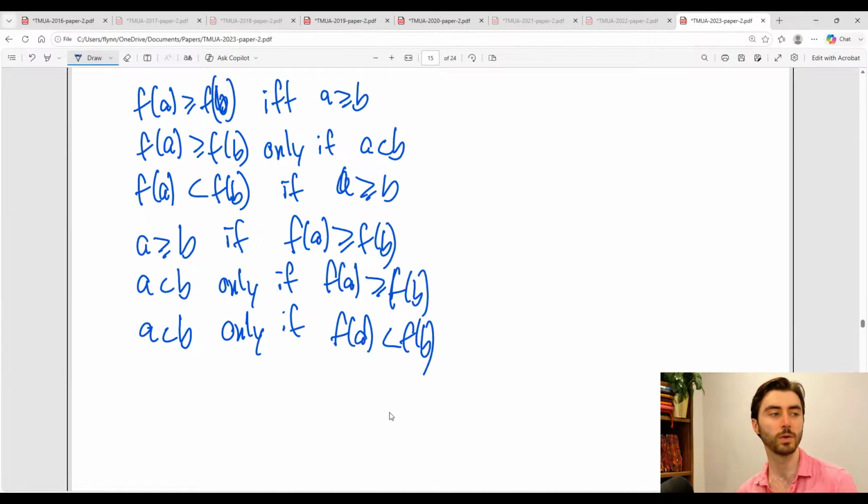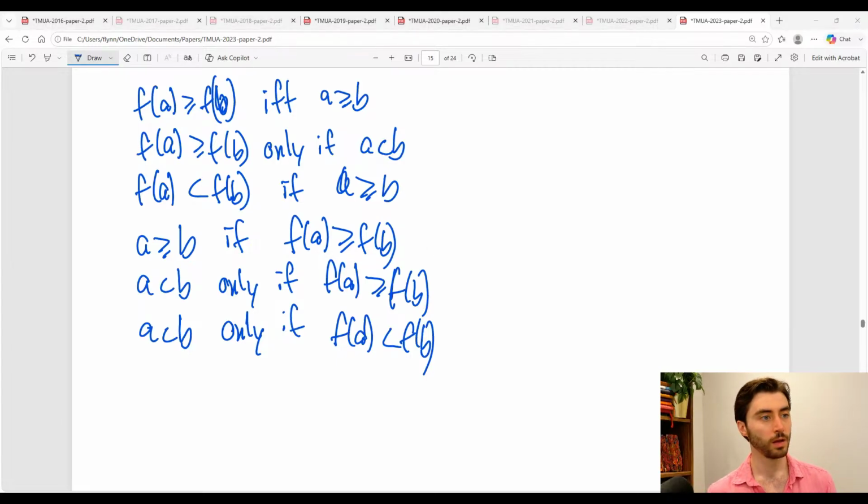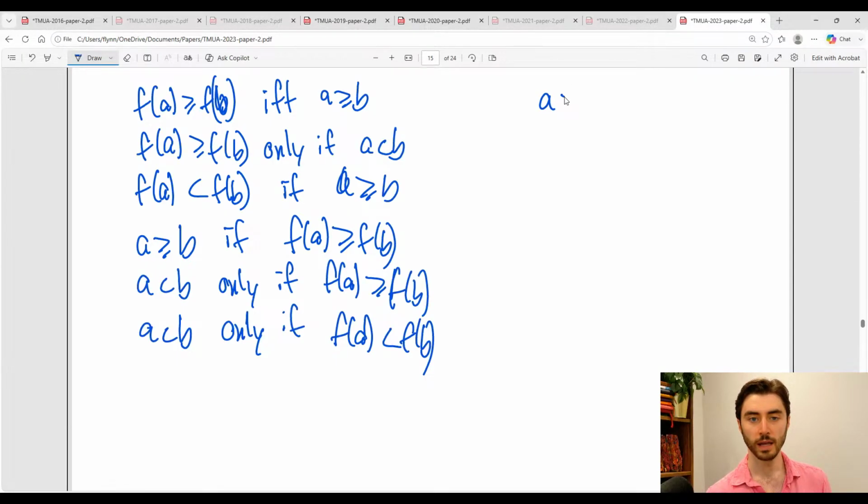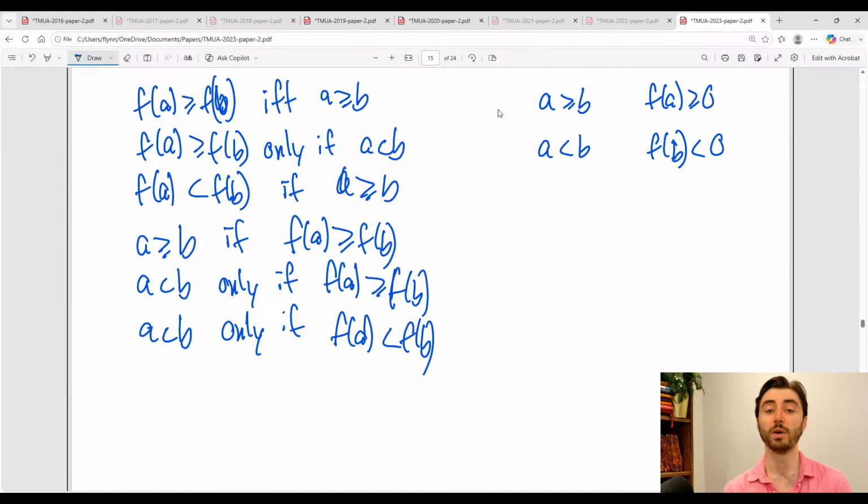Right. So here, let me make sure you're able to see what I'm doing. This is a relationship between A bigger than or equal to B, A less than B, and the function values. Let's work out what these mappings would be in all 6 of these cases. If and only if would look like this. But let me do it so they can all superimpose. So this would look like just 2 parallel lines.